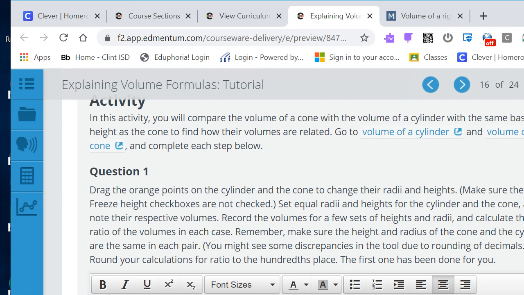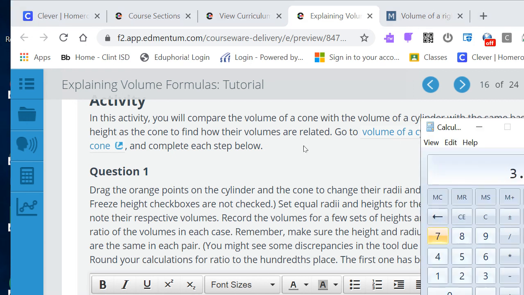Okay, and then the last thing they want you to find is the ratio of volumes. For the ratio of volumes, they tell you right here on the top, divide the volume of the cone by the volume of the cylinder. So I'm going to divide the volume of the cone, 414.7, divided by 1244.07.